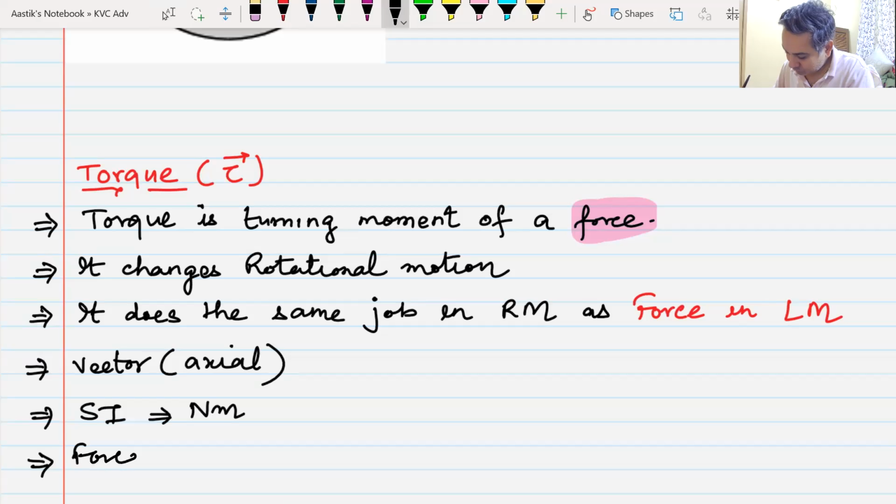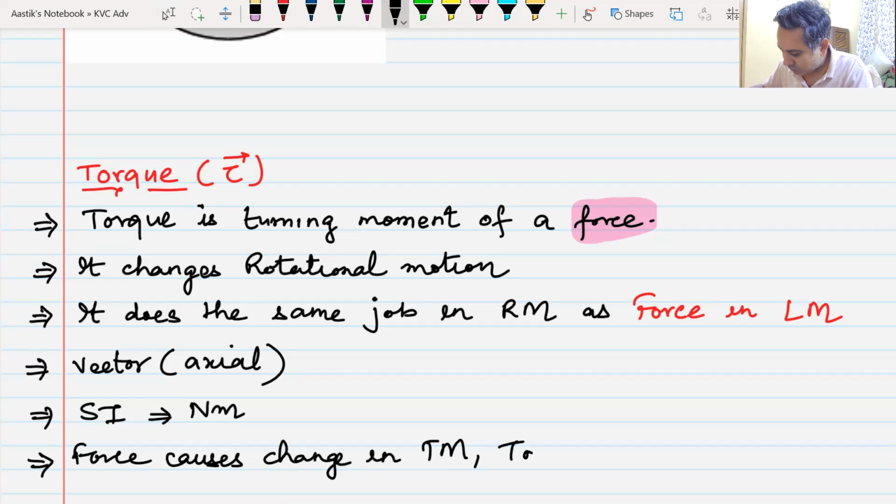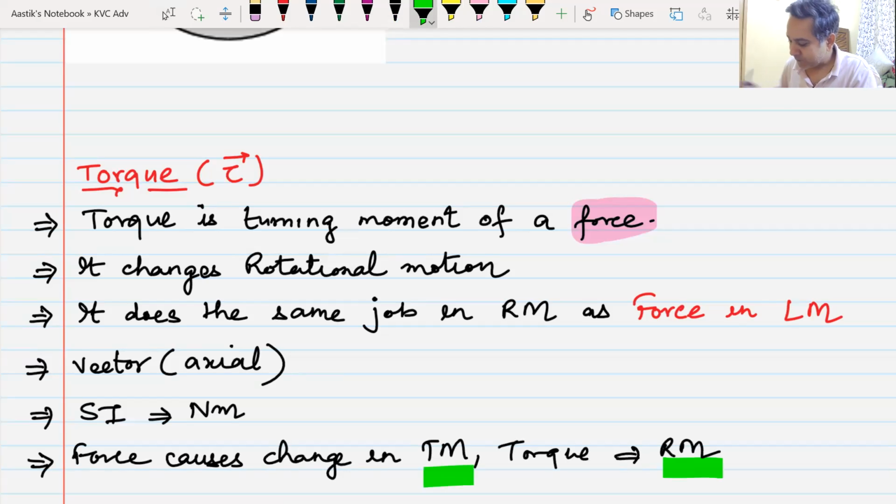Force causes change in translational motion. Torque changes rotational motion. So torque is doing the same job in rotational motion as your force was doing in translational motion.